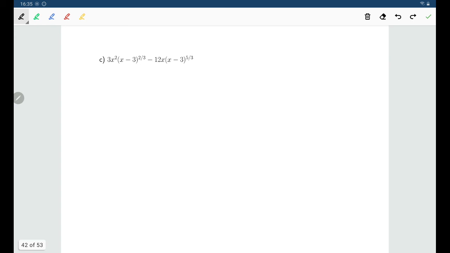So we'll start with the 3 and the 12. I could factor 3 out of both. x squared and x, I could factor x out of both. And x minus 3 to the 2/3, and then the other one is to the 5/3. I'll take out the smaller power, which is the 2/3.